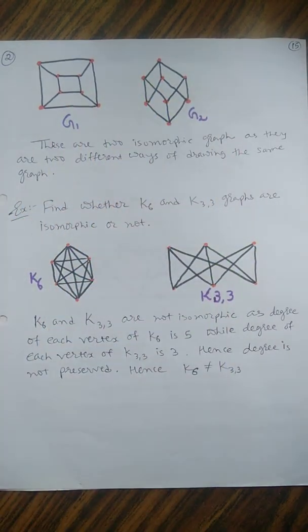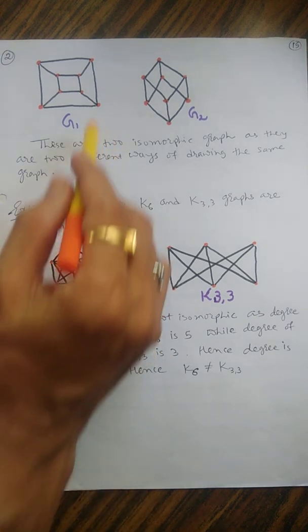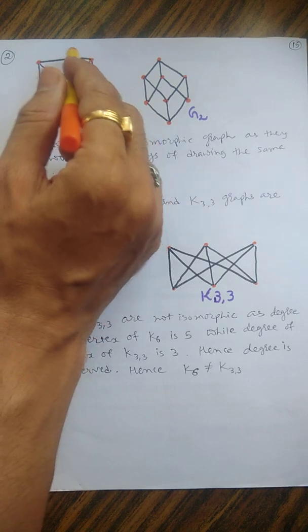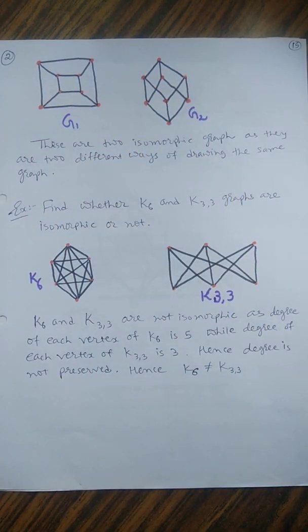Here, this graph G1 and G2 both have 8 vertices. Easily you can see that all vertices have degree 3, and here also all vertices have degree 3. So it is the same number of vertices, the same degrees, an equal number of vertices with a given degree, and adjacency is also preserved.